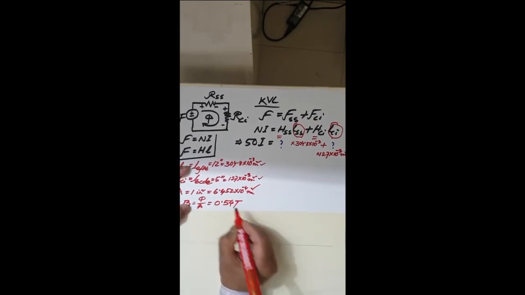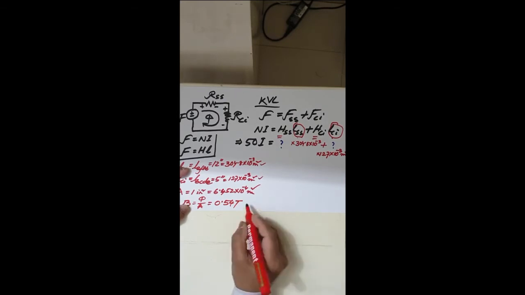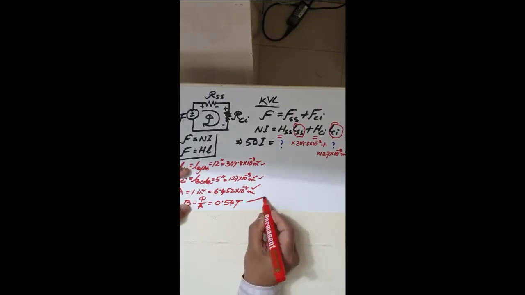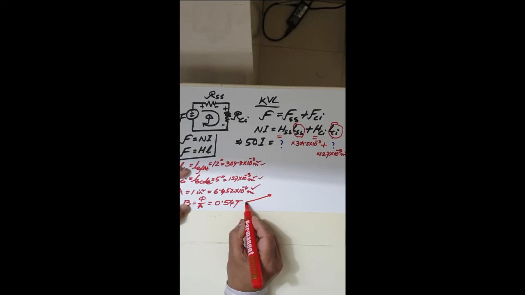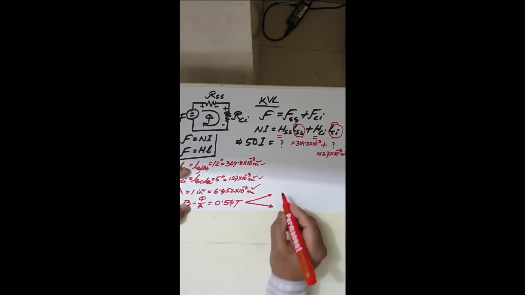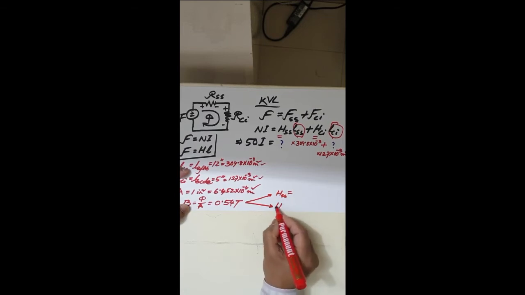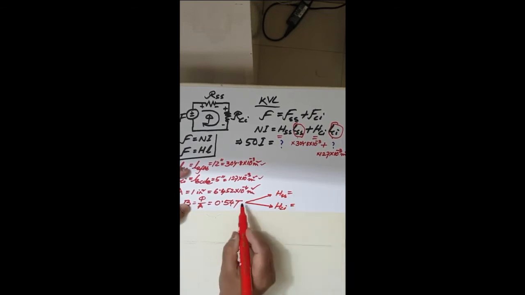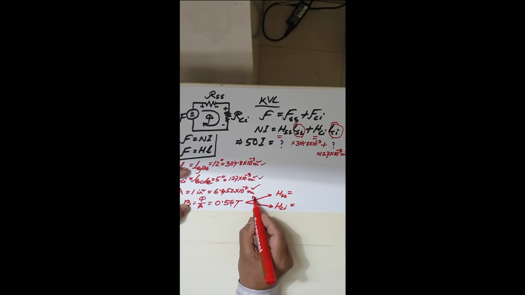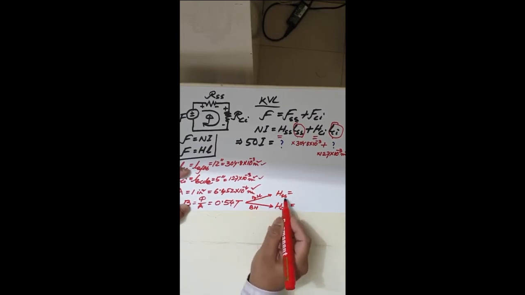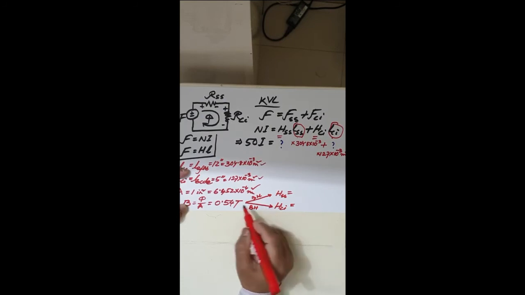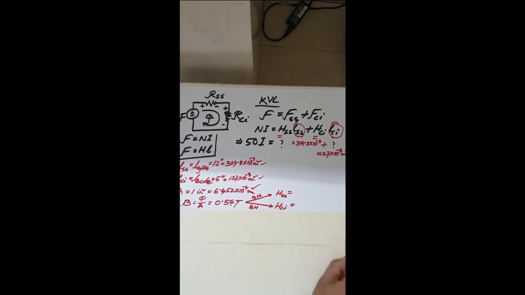So the corresponding H from this B, you are going to find the H. So HSS and HCI, these two you have to find from the BH curve. The BH curve gives you these two values for steel sheet and the cast iron. So let's go to the BH curve for flux density B equal to 0.54.